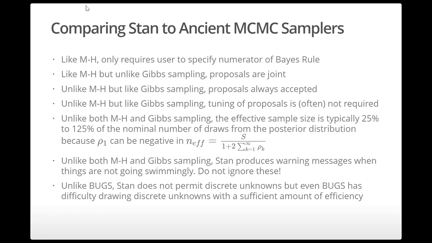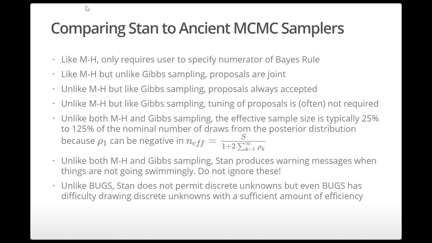So how will we compare Stan to these? Like Metropolis Hastings, you only have to specify the numerator of Bayes' rule, and you can even ignore the constants in the numerator of Bayes' rule if you want to. Like Metropolis Hastings, unlike Gibbs, the proposals for the new parameters are joint rather than the full conditional distributions that Gibbs sampling uses.